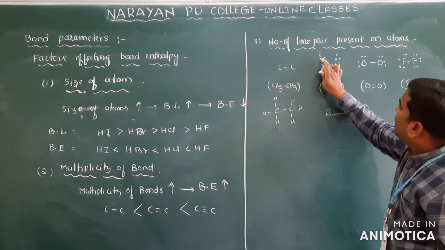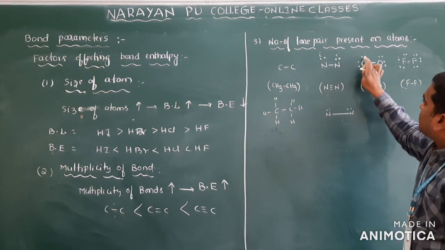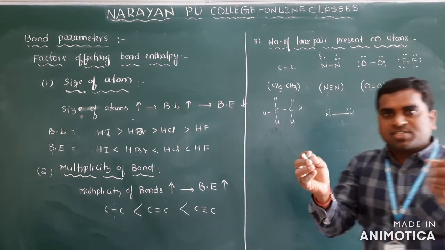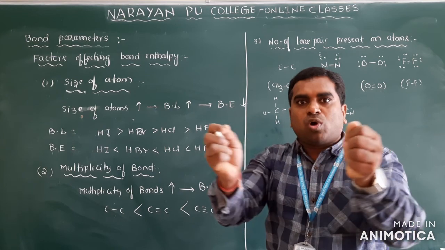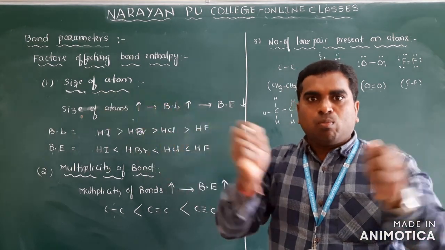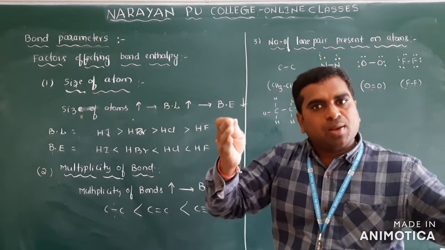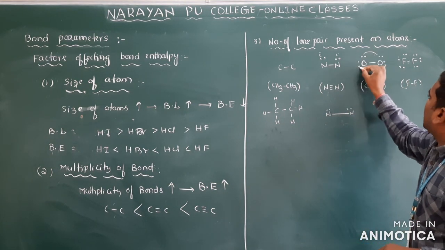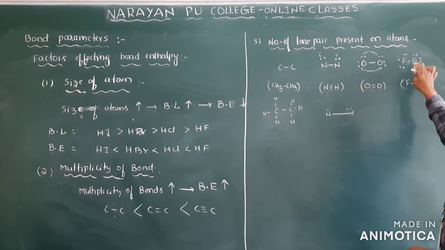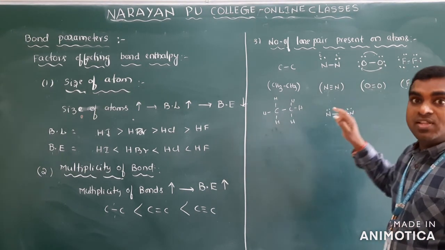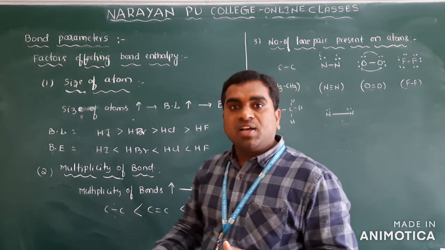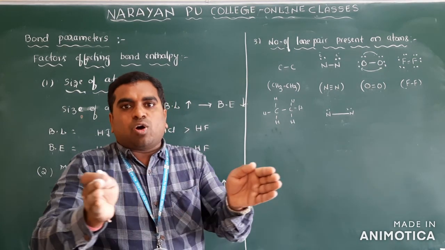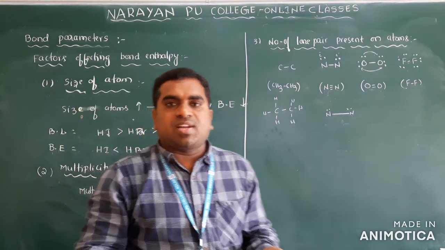But here there is only 1 pair and 1 pair repulsion. In oxygen there are 2 pairs and 2 pairs, more repulsions. To avoid that, the 2 oxygen atoms move away from each other, bond length increases, and bond enthalpy decreases. In fluorine, 3 lone pairs are there. The more lone pairs, the more repulsions, bond length increases and bond strength decreases.